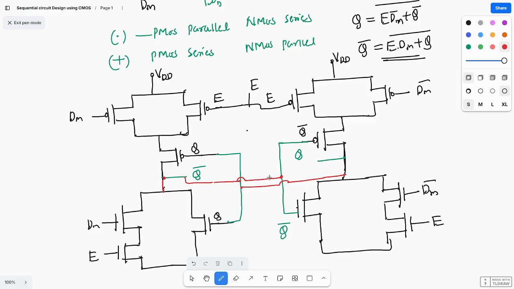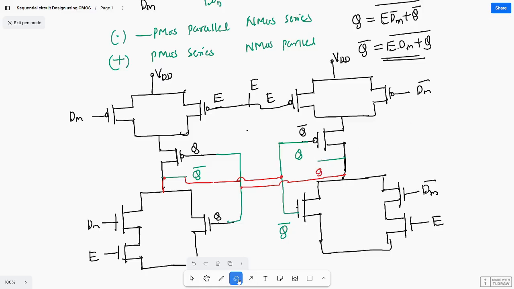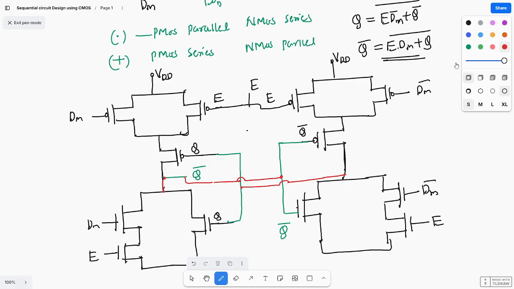Did you understand how I am drawing? This is the output, this is my output Q. Why?